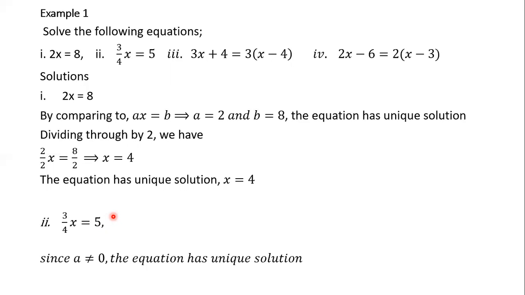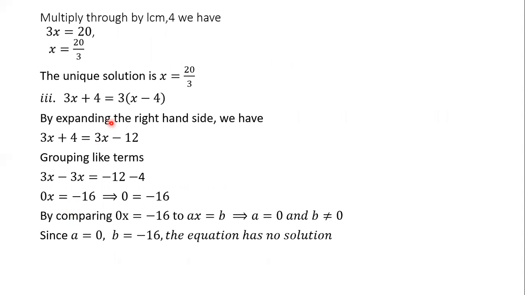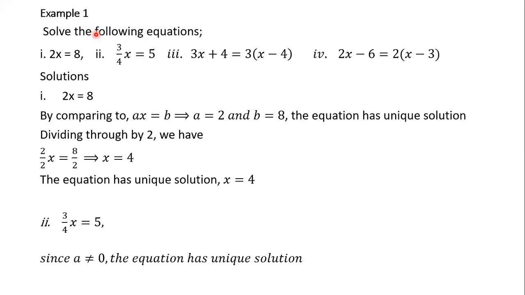But before that, by comparing this one to the equation ax equal to b, we also see that a is not equal to 0. a is 3 over 4. Hence, this equation also has a unique solution. Good. So by multiplying by the LCM 4, we have 3x equal to 20. Because we have multiplied 3 over 4 times 4, 4 will cancel the 4, leaving here 3x.